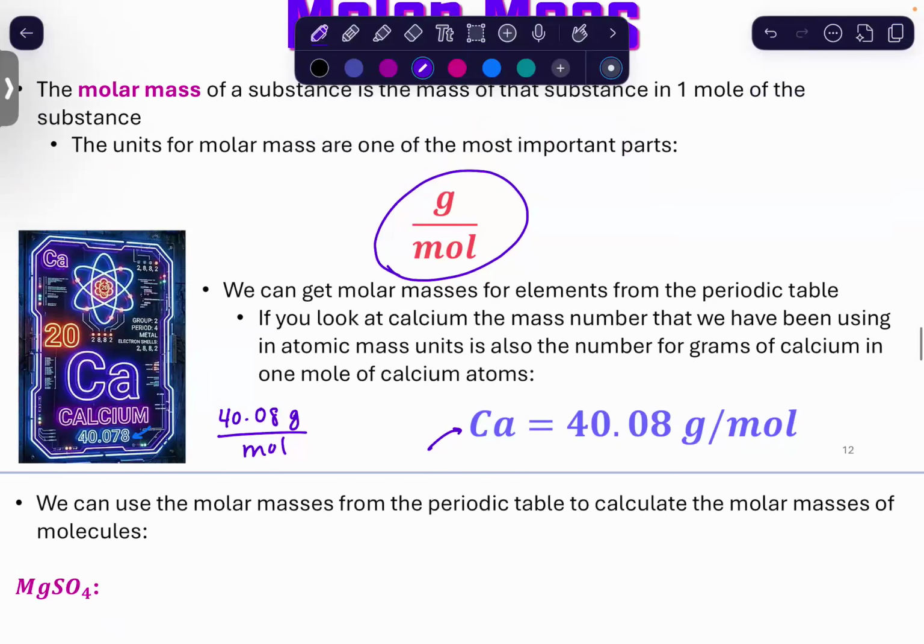So the mass number on the periodic table is the same number for either atomic mass units, which is the mass of an atom, and weight and mass are different. You'll learn that in physics. Whereas grams per mole is the mass in grams of 1 mole of atoms of that element.